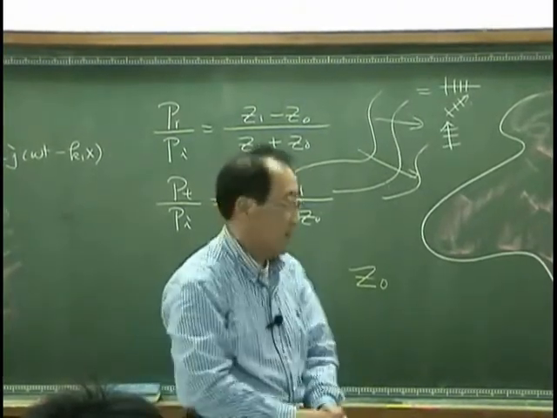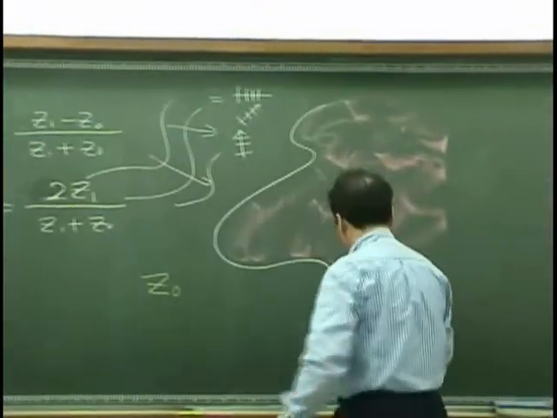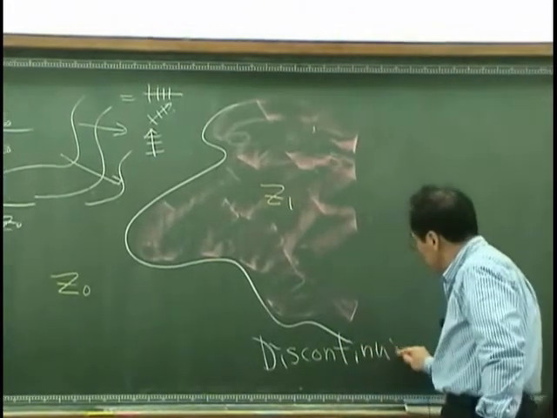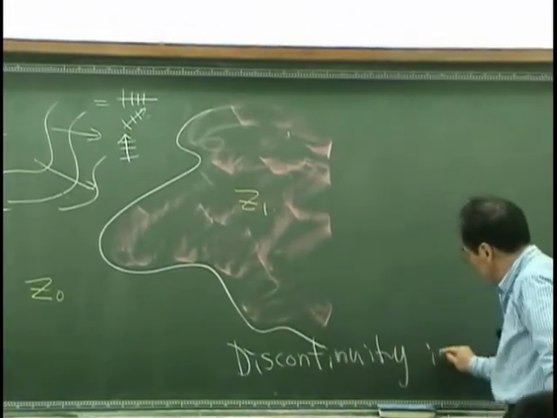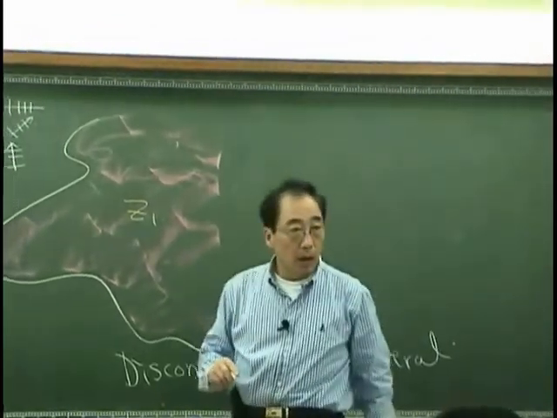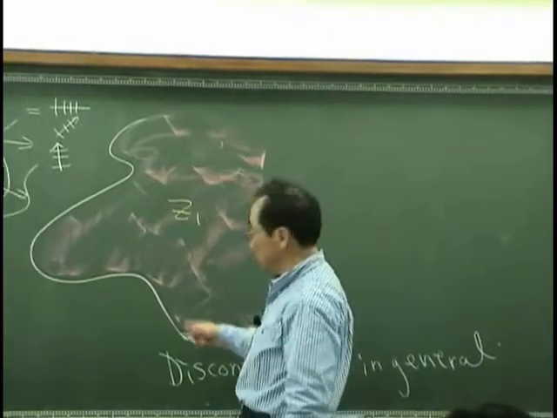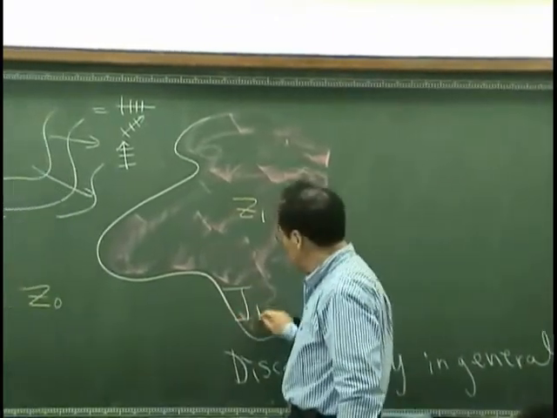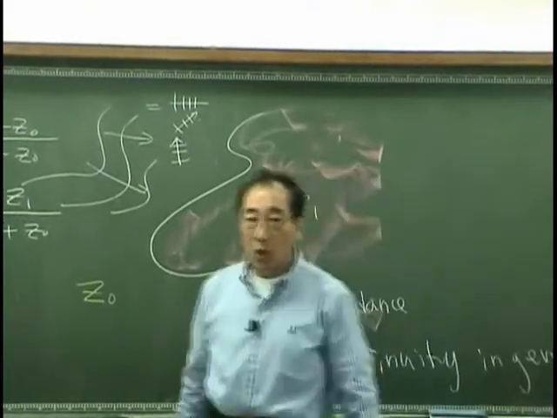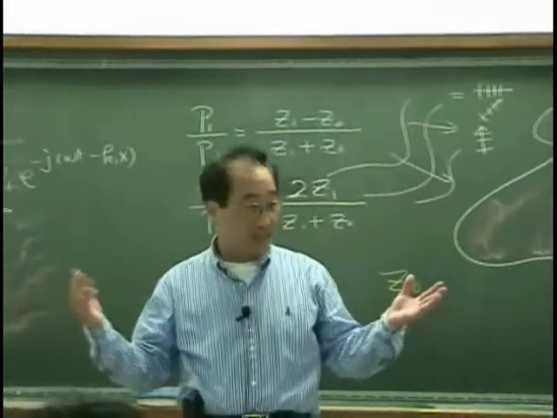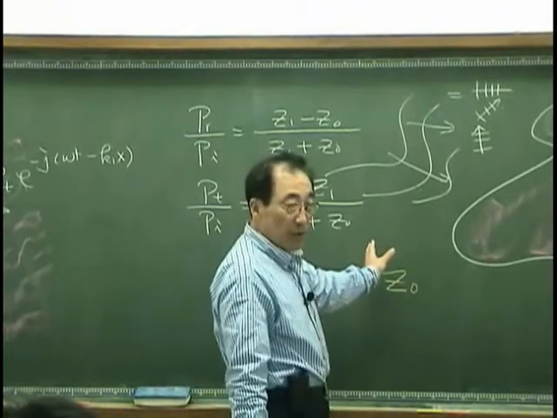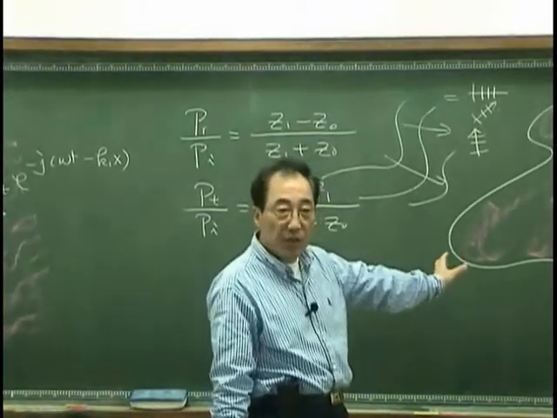Okay. So this is a general discontinuity. More specifically speaking, I want to say this is a general impedance discontinuity or impedance mismatch in space. And we want to know what would happen when we have this kind of impedance mismatch in space.